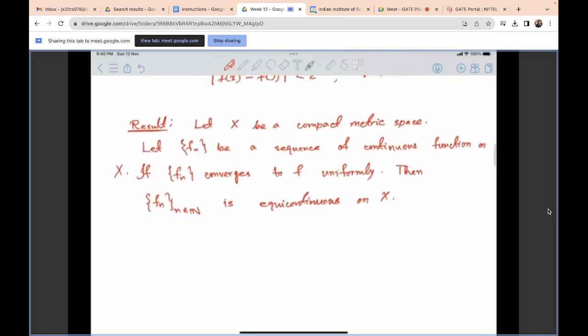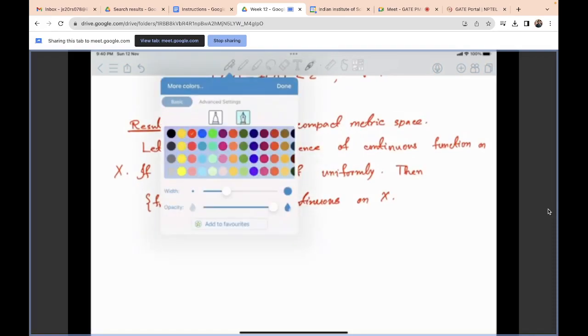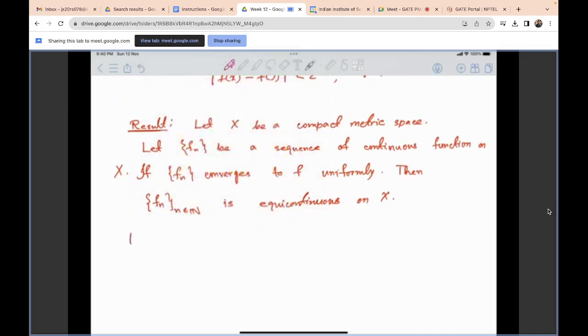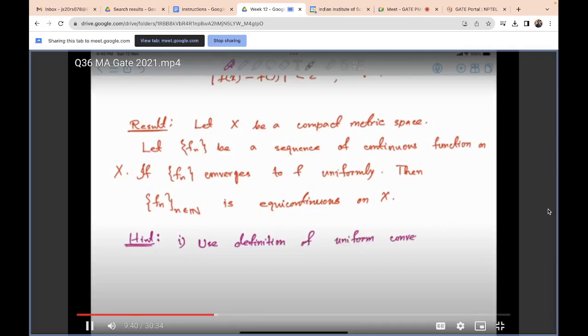Okay, so for this, let me give the hint on how you can prove it. Hint number one: use the definition of uniform convergence.